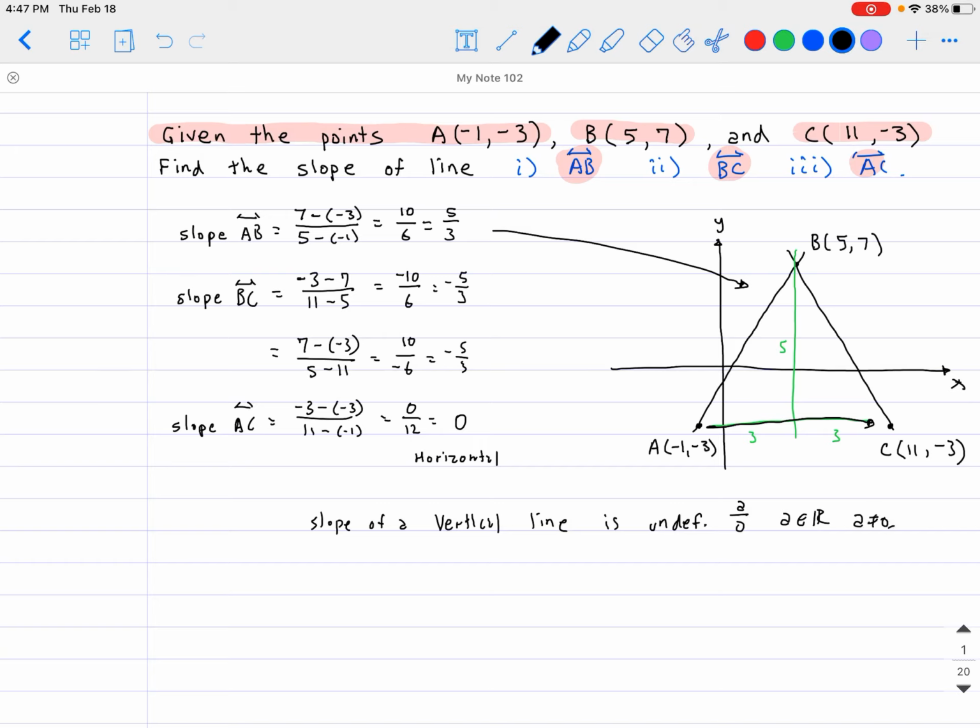So maybe, for example, if you get 5 over 0, then you know that it's going to be some sort of vertical line. Or if you get -7 over 0, that's going to be some sort of vertical line then. Numerically, a vertical line doesn't have a finite slope. So that's something that you can also consider.